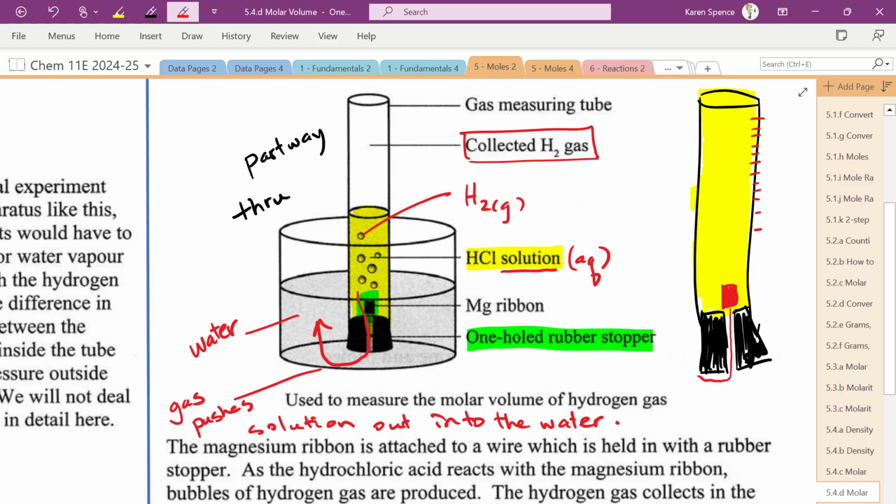At any rate, eventually when you do this lab, I'm going to let out a bunch of the water.